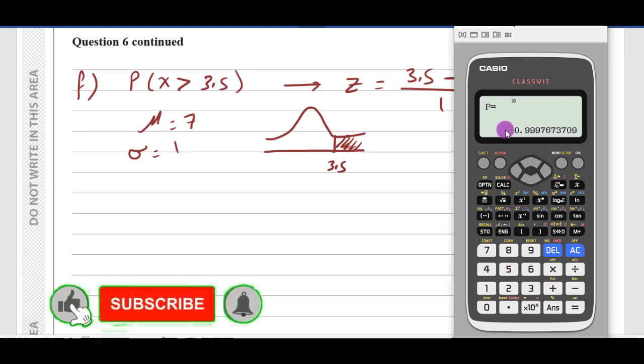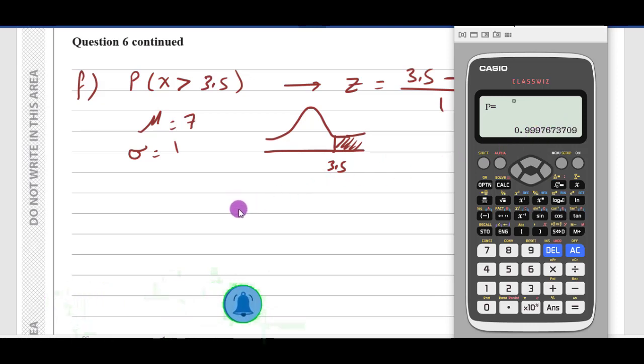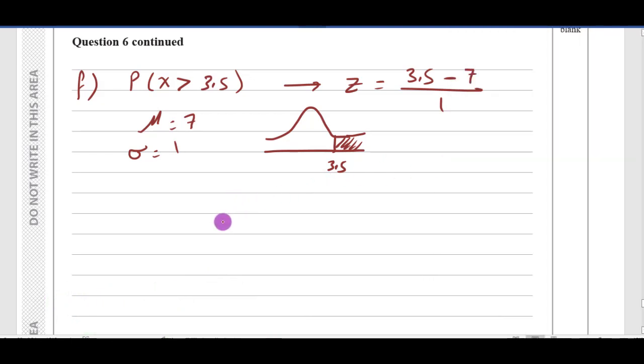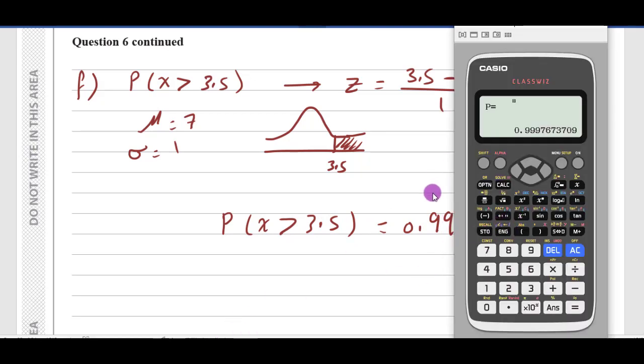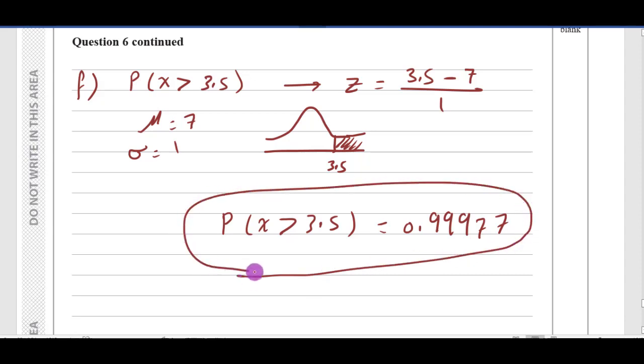So the probability now is equal to 0.9999976. So this is the answer of this part.